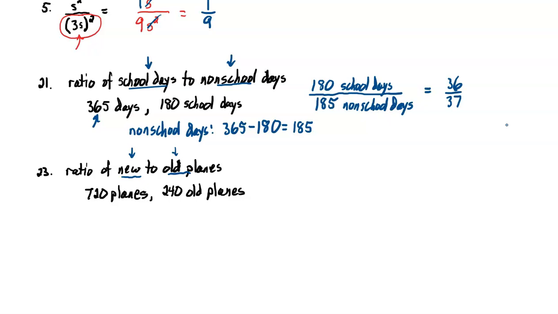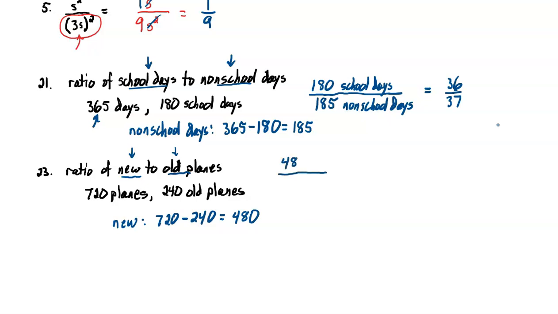We know there's 720 planes total, and we know that 240 of them are old. So how many are new? Let's do a calculation to figure this out. 720 subtract 240 leaves how many airplanes that are new? This makes 480 planes. Now we have the information we need for our ratio.